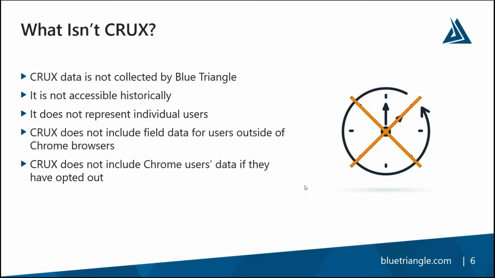So CRUX data is made up of a subset of Chrome users that are opted into data collection for this use. We know so far that it's basically generated by Google Chrome because Chrome is collecting the aggregate information about these users in Chrome browsers who have opted into data collection.